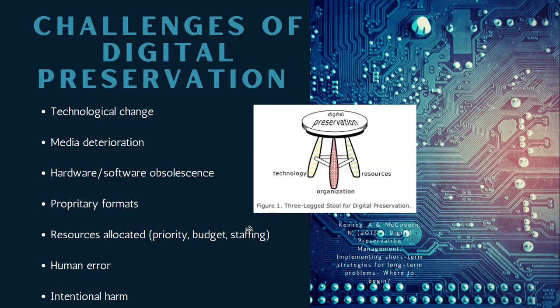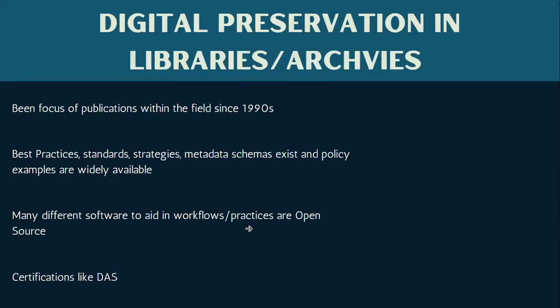There is intentional harm out there with digital information, either through someone trying to change the information, get rid of the information, or have different access to systems. But the majority of errors that are made are actually human errors, not intentional, as far as the rates go.